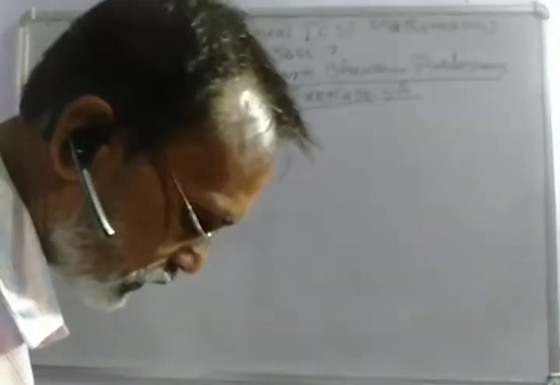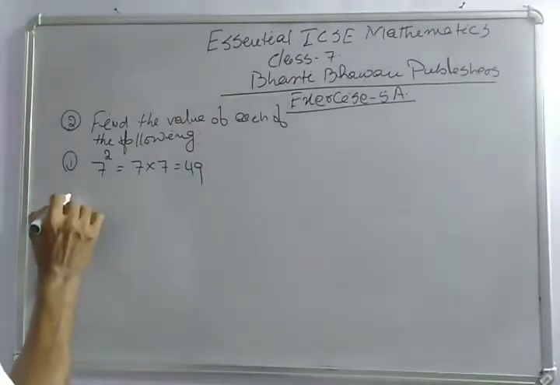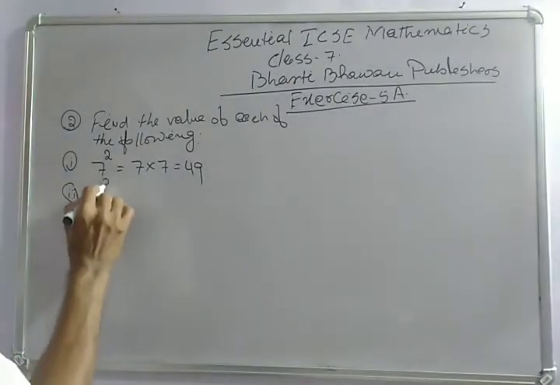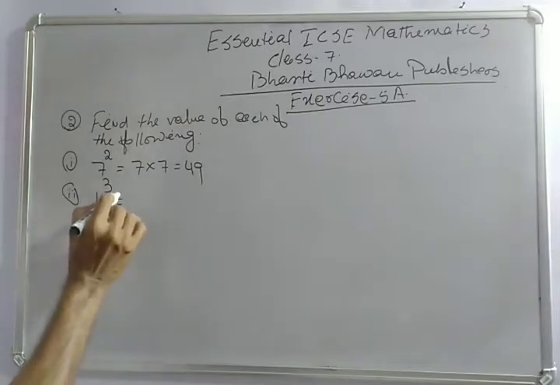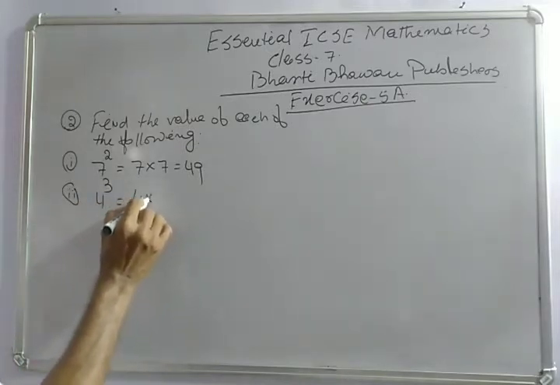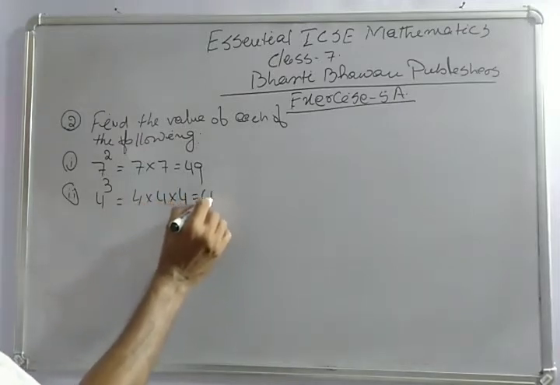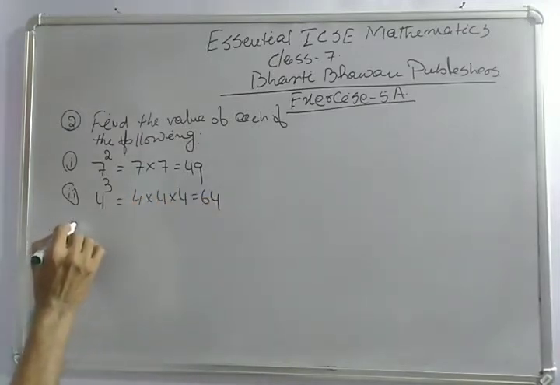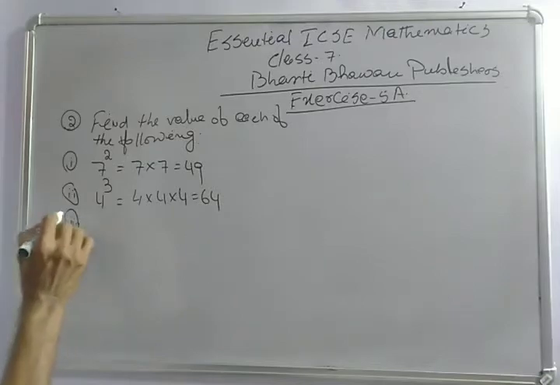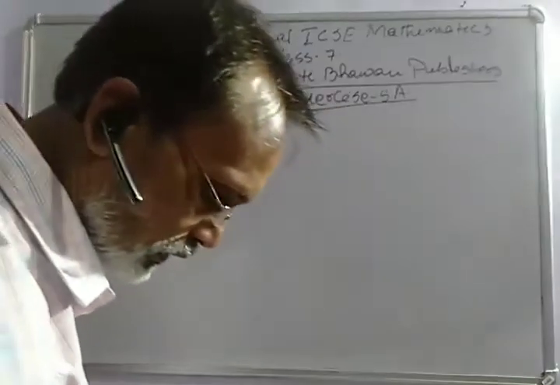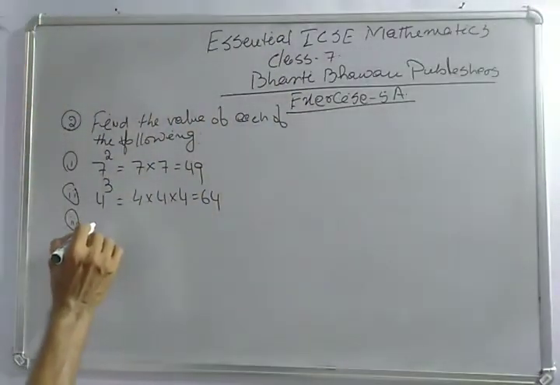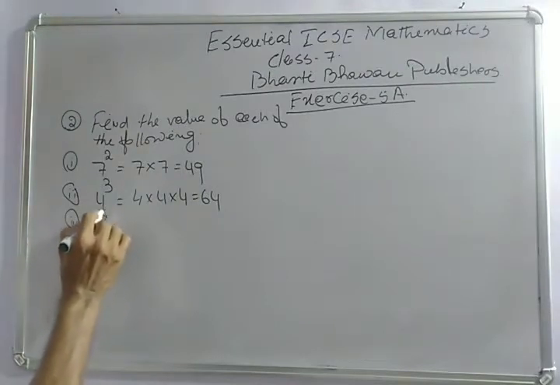Then next one is 4 to the power 3. This is equal to 4 into 4 into 4, which is 64. Number 3, 2 to the power 5.